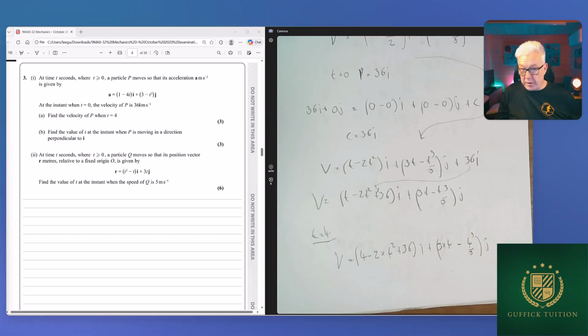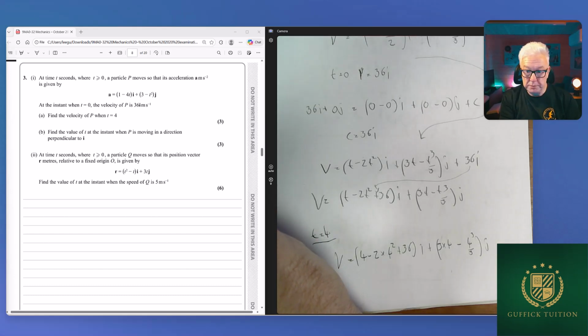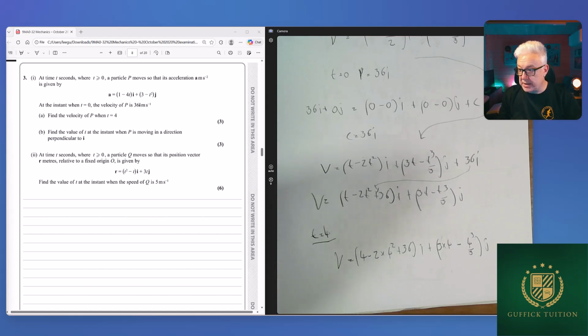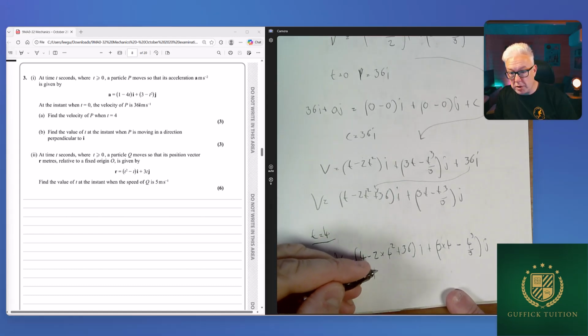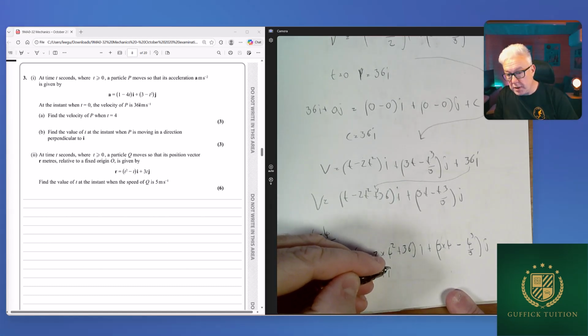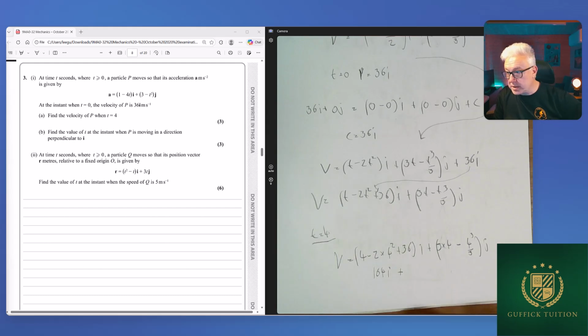Okay, let's see what that works out to be. So we're going to have 4 minus 2 times 4 squared plus 36, which is 164i.